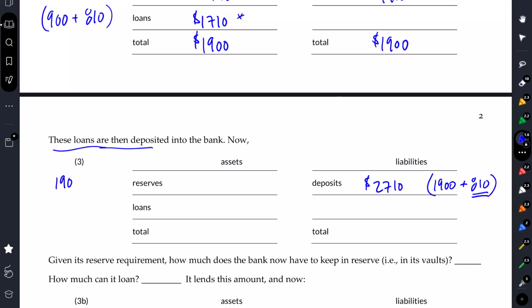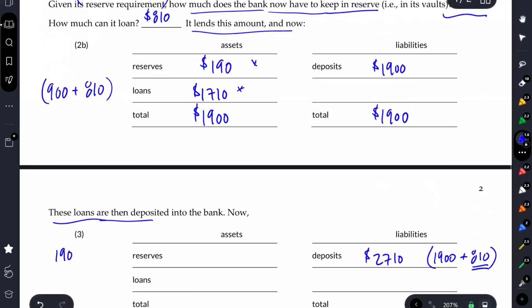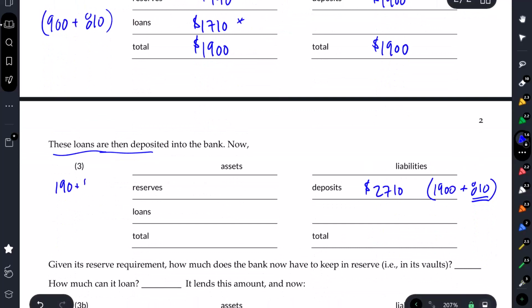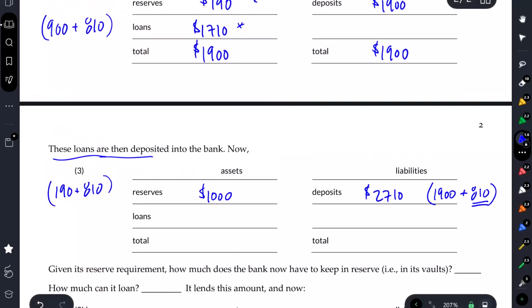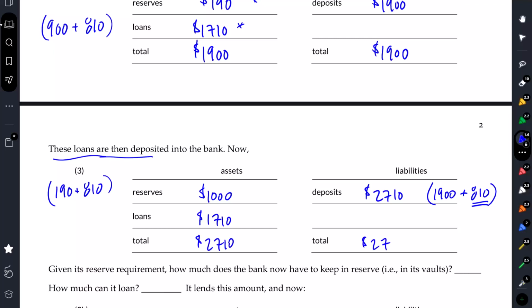So reserves were 190. They've just gone up by $810. So that's again going to bring us back to $1,000 held in reserve. For the moment, loans are still at 1,710. So we have 2,710 over here and over here.